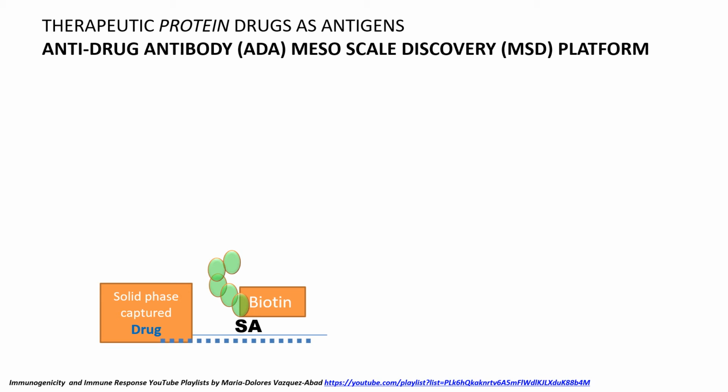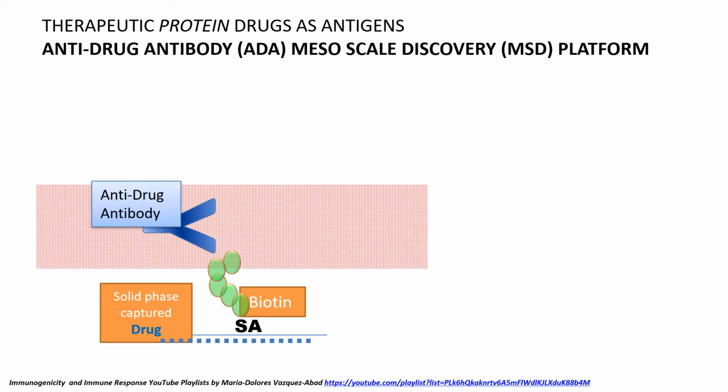In other words, we have the plates in the lab and they have been coated with the drug. We use blood from the patient. We wash these plates that are coated with drug, and if the patient has antidrug antibodies, they will bind to that drug that's on the plate. If the patient's serum sample doesn't have antidrug antibodies, they don't bind.